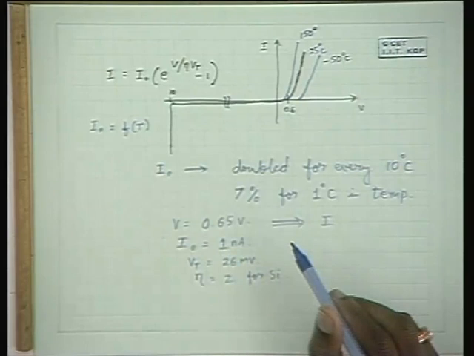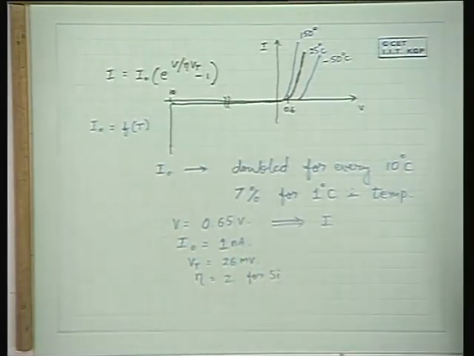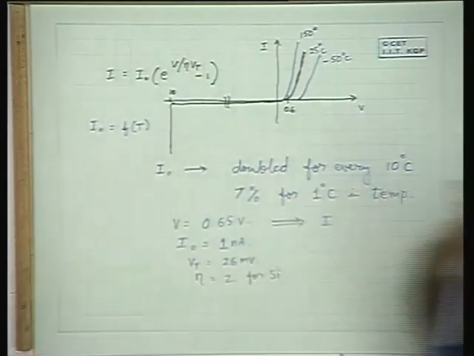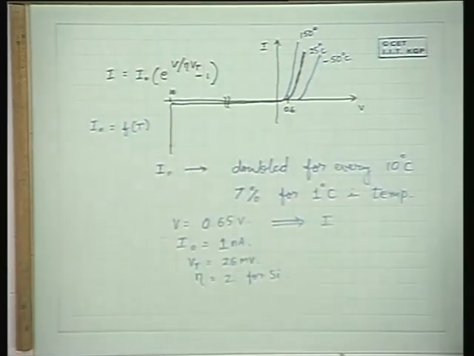Therefore, I naught would be 4 nanoamperes. So with 4 nanoamperes you can find out how much is the rise in the current I. It would also be of the order of 4 times. Okay, so this is what happens with rising temperature.